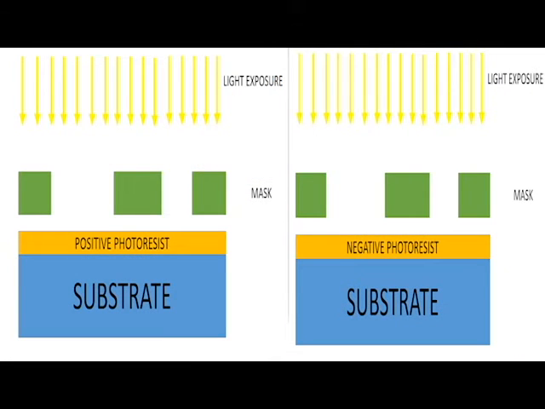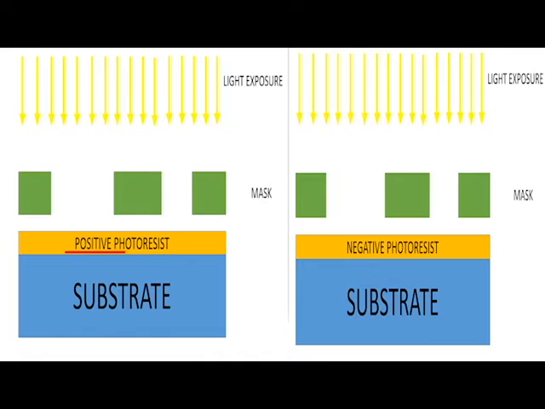Once you soft bake the photoresist, you have to expose it to light in order to initiate the reaction. In order to do this, you have to use something called a mask, which hides certain areas of the photoresist from the light so that you get your desired pattern. The type of mask you use depends on the type of photoresist you use. There are two types of photoresists, positive and negative.